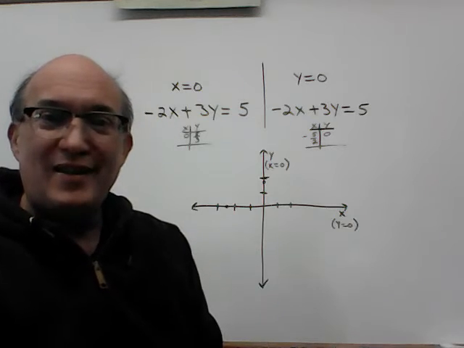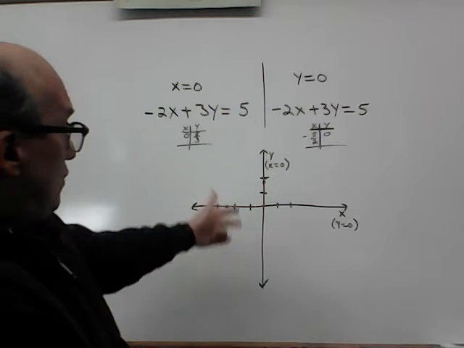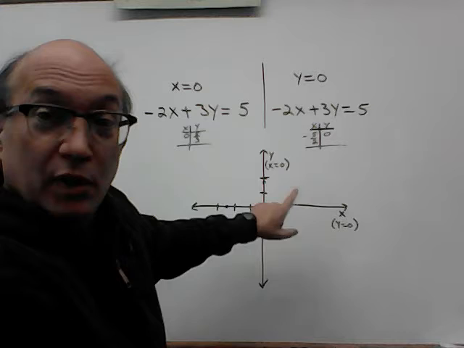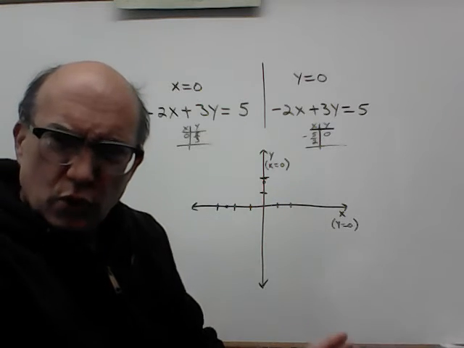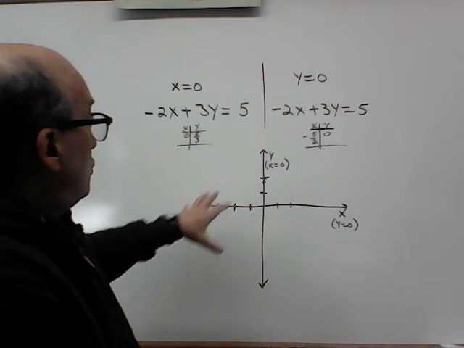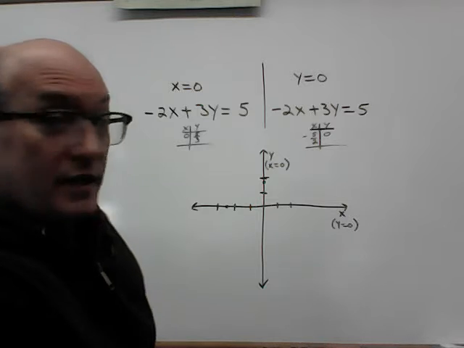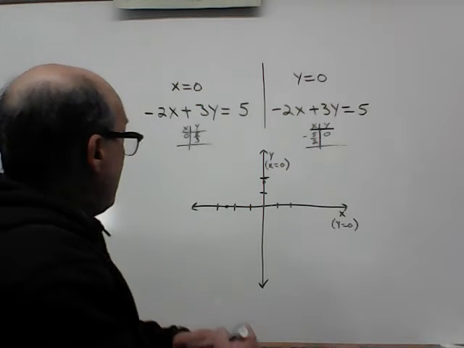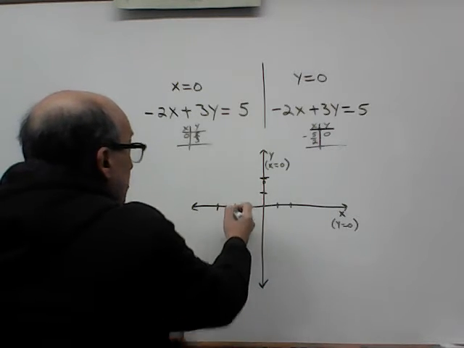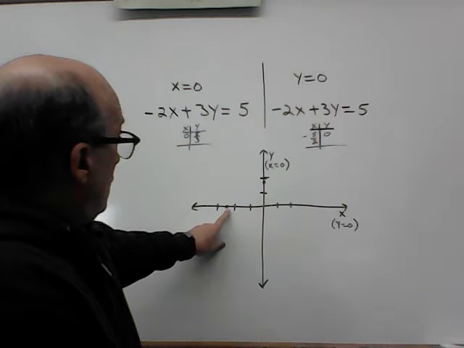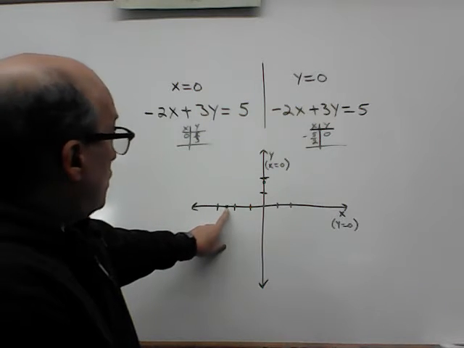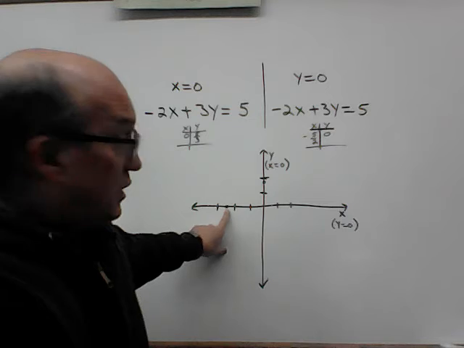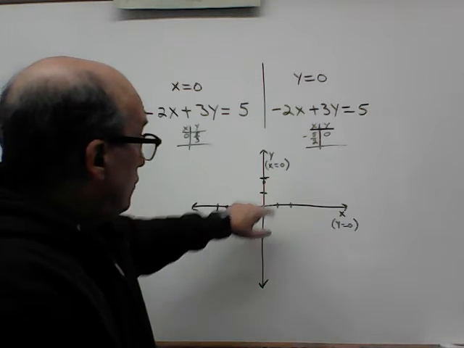I've taken the liberty in advance of plotting the two solutions of these two linear systems. This is the point negative 2.5, 0, and this is the point 0, 5/3.